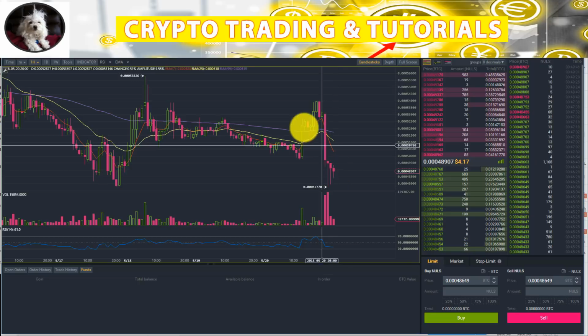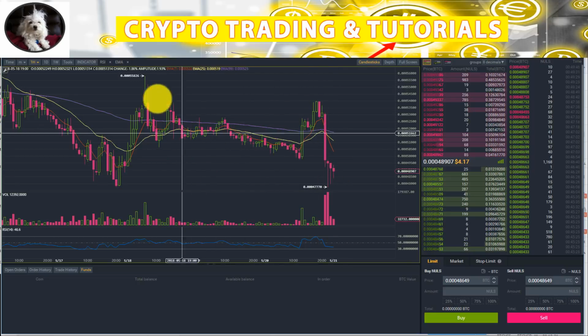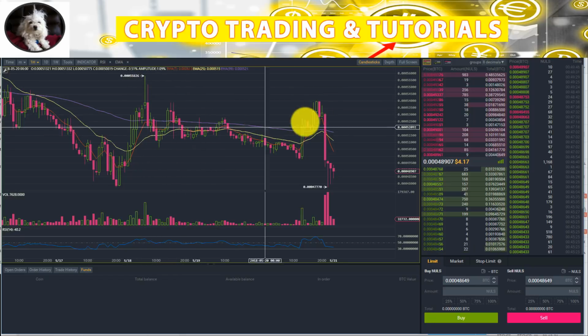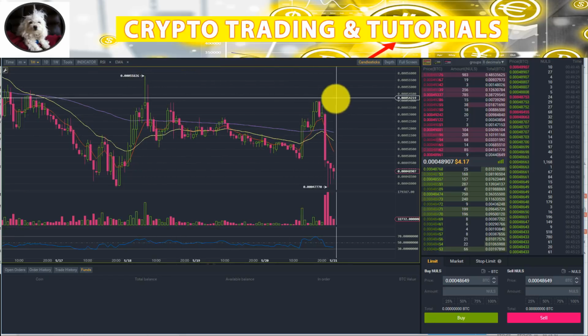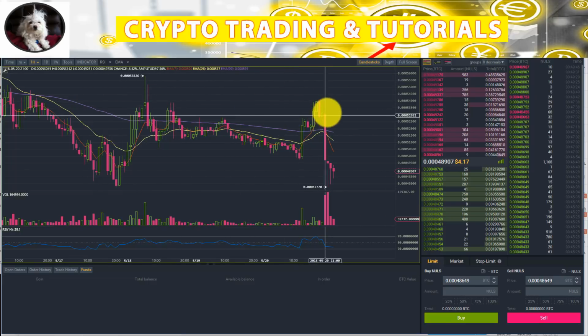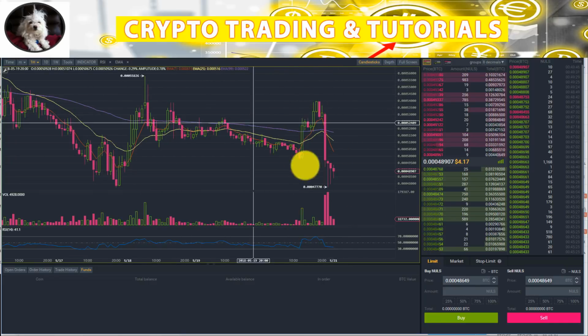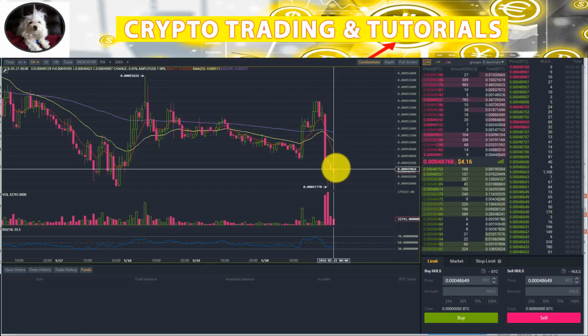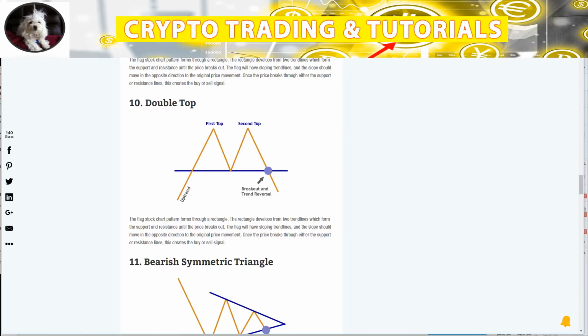So the last thing we covered was chart patterns. And we're seeing maybe a double top here. This could be a double top. What we're looking for on a double top is whether this double top reverses. If we look here, first top, second top, breakout, and trend reversal.